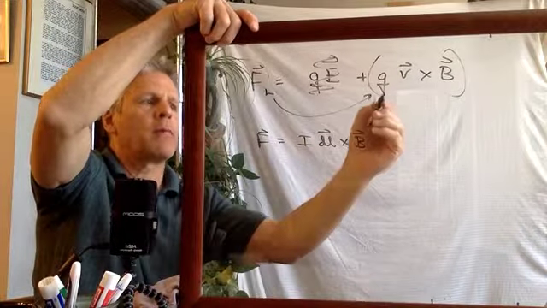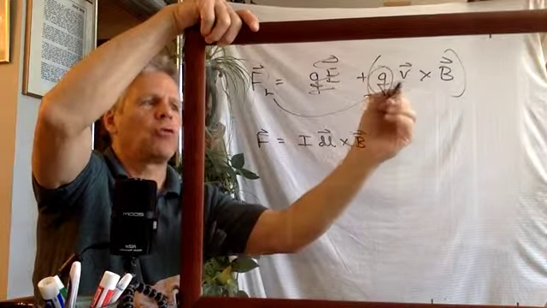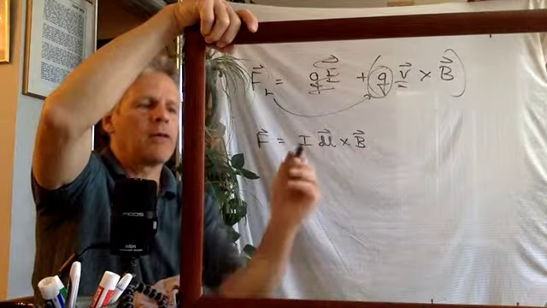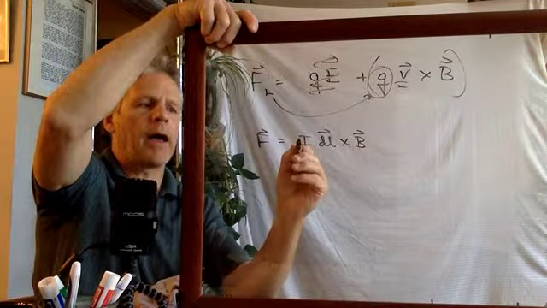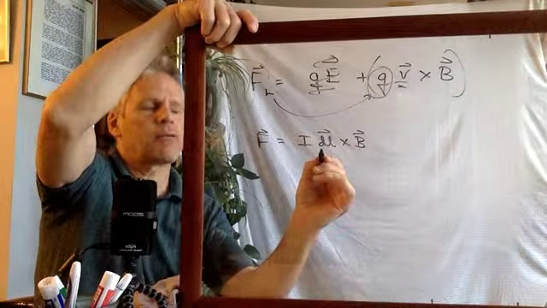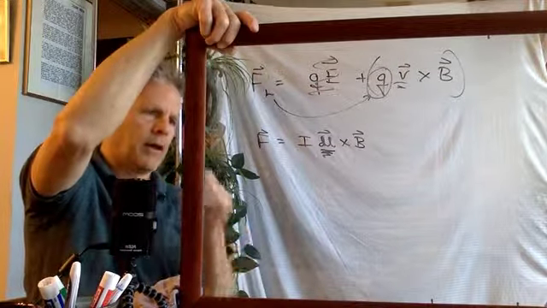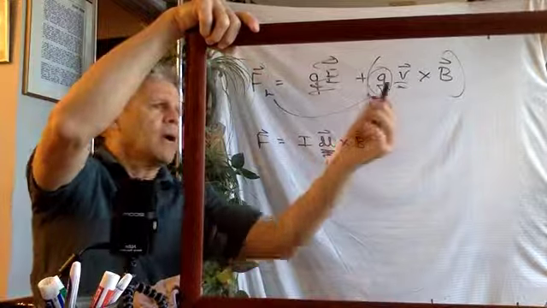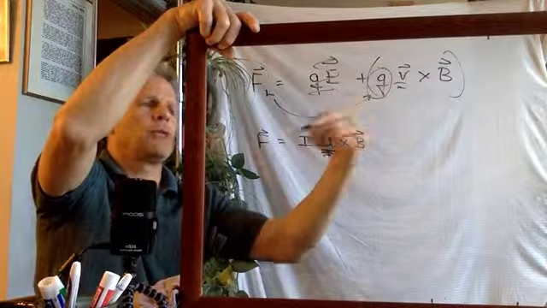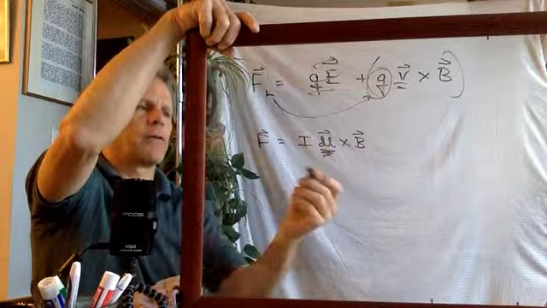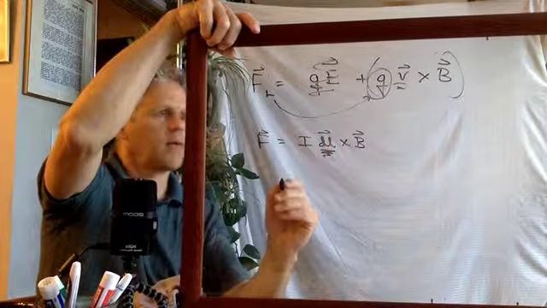In one of them, we're looking at a charge Q that's moving with velocity V. In the other, we have a current I through a length L, or dl in this particular case. So the question is, how do these things compare to one another? The answer is this.